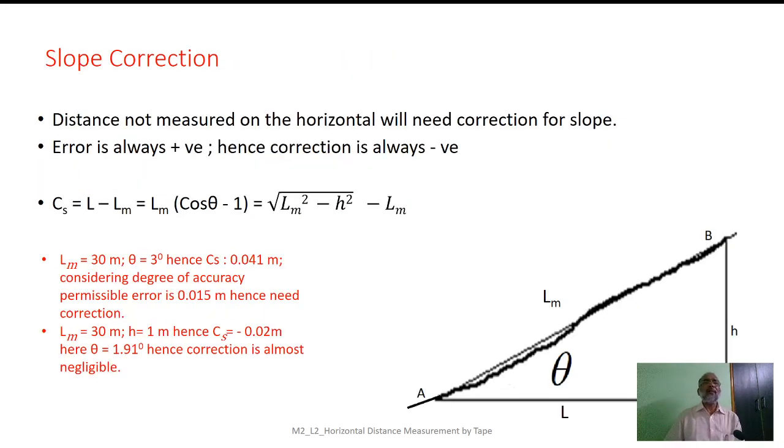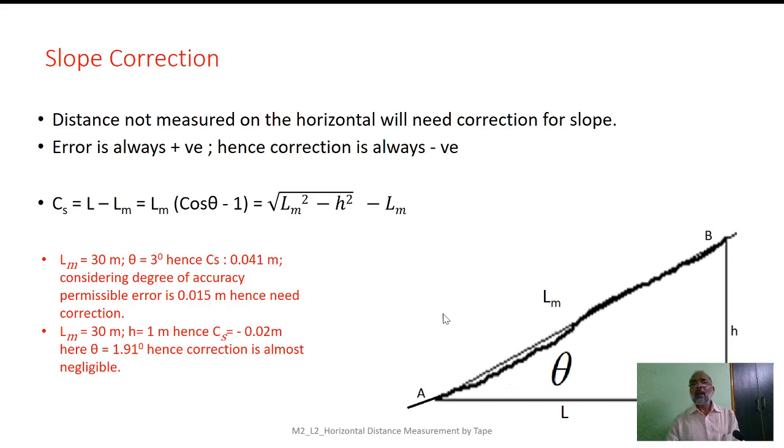Slope correction we have already discussed. The measured distance along the slope will always be more. Hence, the error is always positive, and the correction required will always be negative. This slope correction is given as C equals the horizontal distance L minus Lm, which is the measured distance along the slope AB.